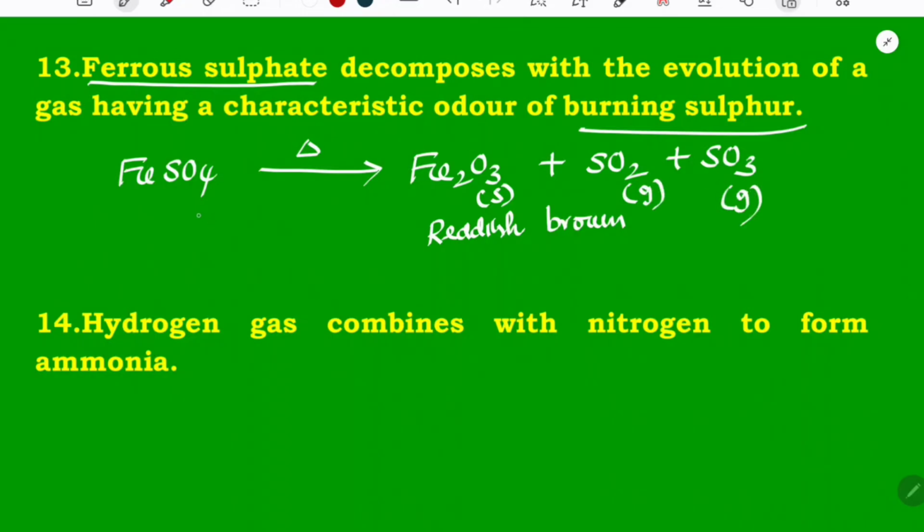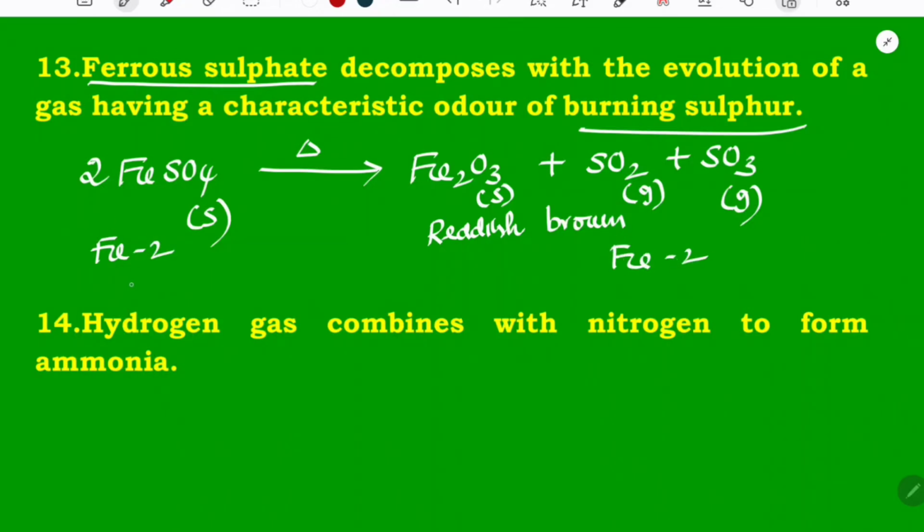So this is solid. In the equation, two irons I kept here, and sulfate. How many sulfur? Two sulfurs. Here 3, 2, 3, 8 total. Here also 8. So everything is balanced. This side irons 2, this side irons also 2.